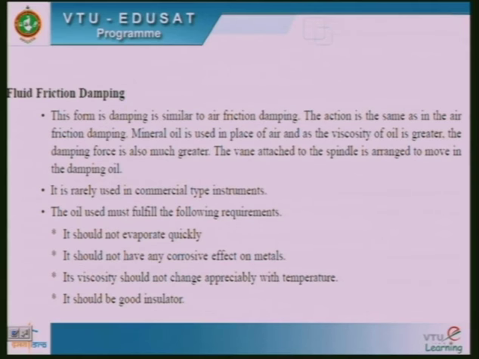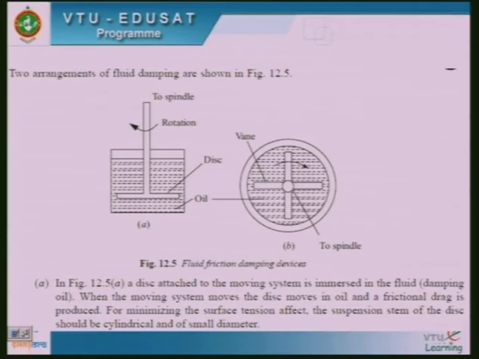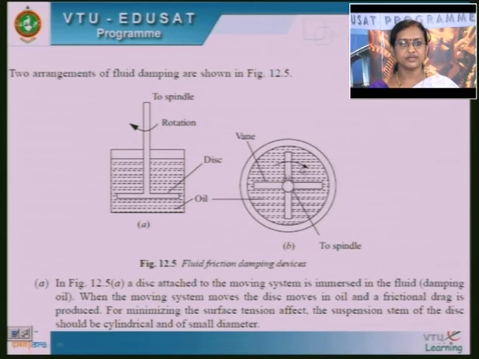Next, consider fluid friction damping. As the name indicates, you are considering a fluid, which may be oil. Here the disc rotates and there is a fixed part called the spindle. You can have the vane fitted to this spindle, rotating in this way.